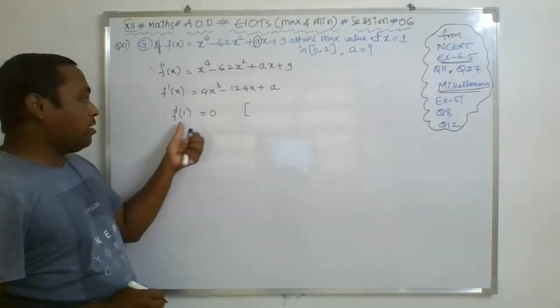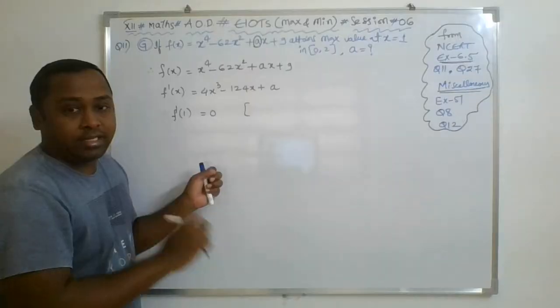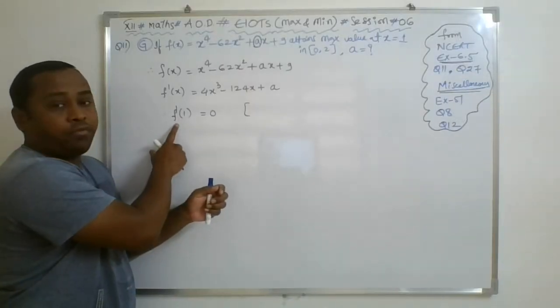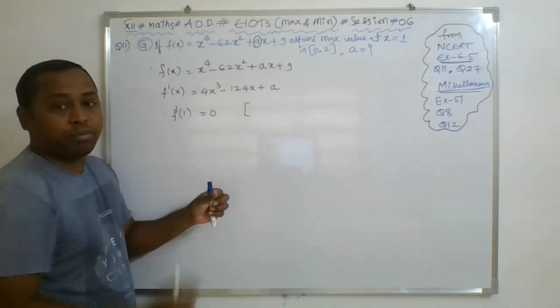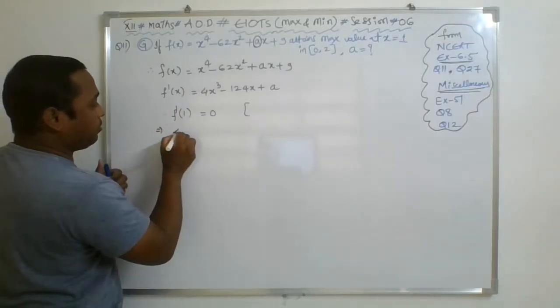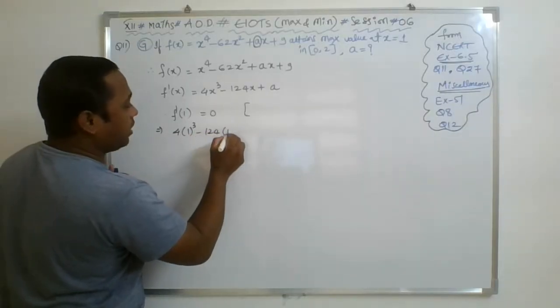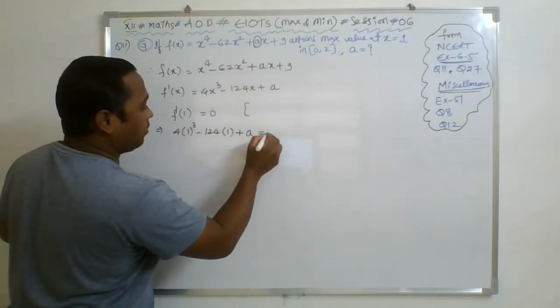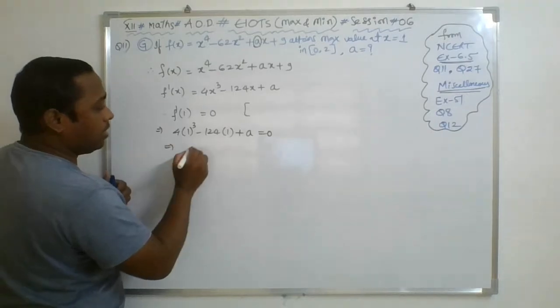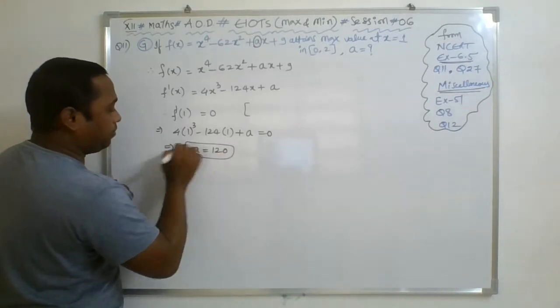At 1 the tangent is parallel to the x-axis, that means the derivative at x is equal to 1 must be equal to 0. Hence just substitute 1 in the derivative, and it will give the value of a in a simple manner. I think the value of a will be 120.